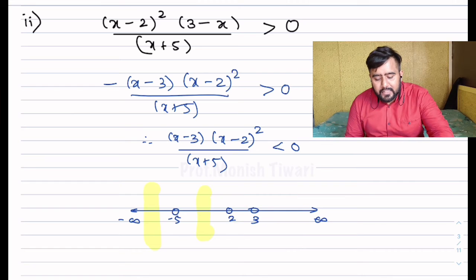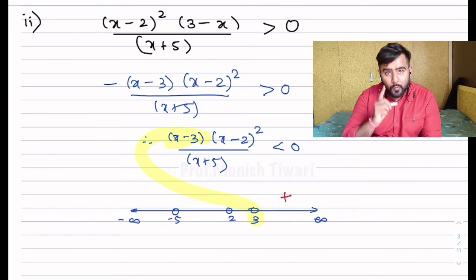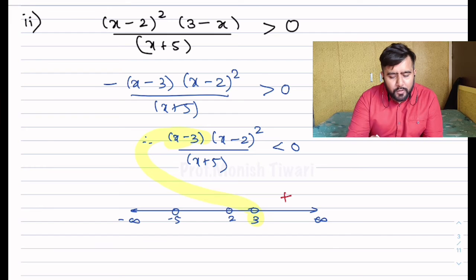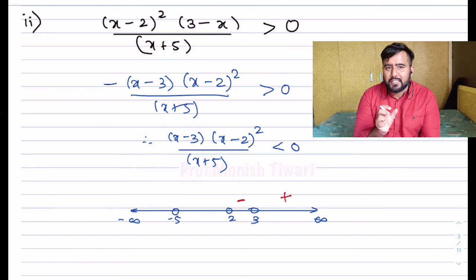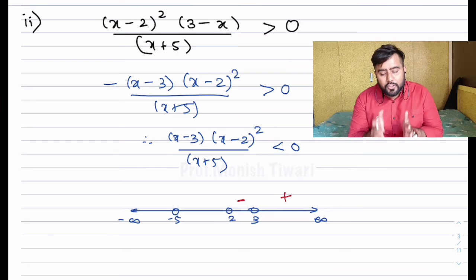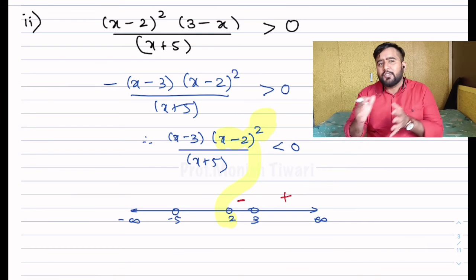Now let us start with the rightmost section and mark it as positive. Afterwards we move towards this number 3. The power for this term is 1, that is odd. So the sign will change as in it will become minus in this particular section. Then we will move towards 2. Now this 2 is obtained from this particular term which has power as 2.